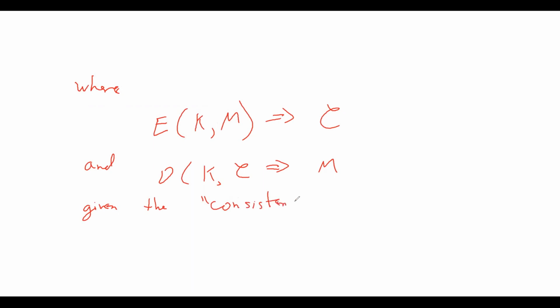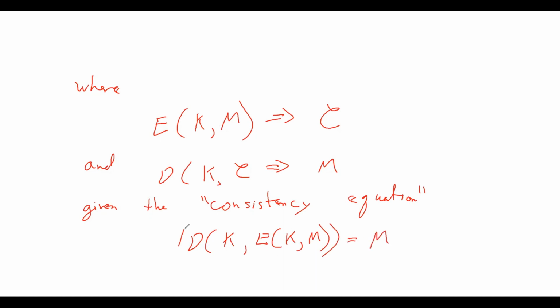That's going to be D(K, C), and since C is equal to E(K, M), it's D(K, E(K, M)) equal to M. So that's the consistency equation, because we take the original message with the key, encrypt it, that gives us the cipher, and then the cipher with the key and the decryption algorithm gives us back the message.